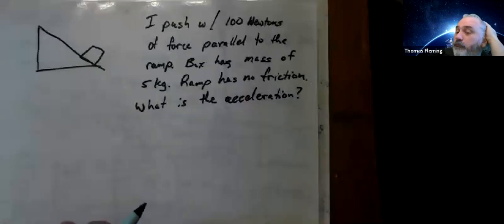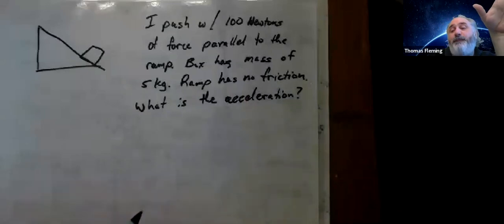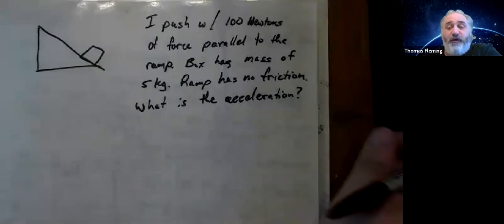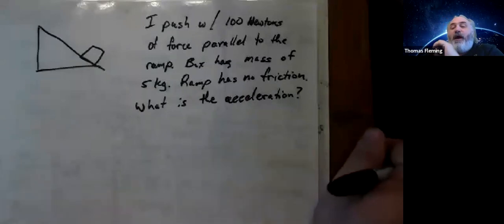So, the same 4 steps we do for every Newton's law problem ever. All that's going to change is that when we implement one of the steps, there's going to be a little trick that we're going to do because we have a box on a ramp, and then we're off to the races. So, step 1, we need to identify what our forces are.